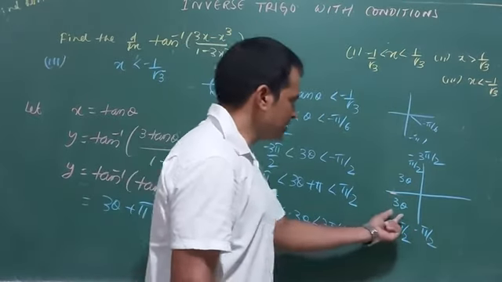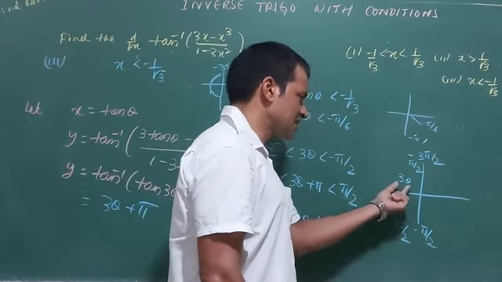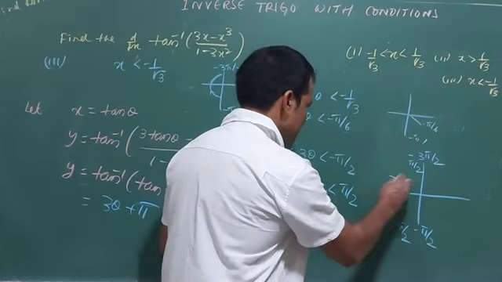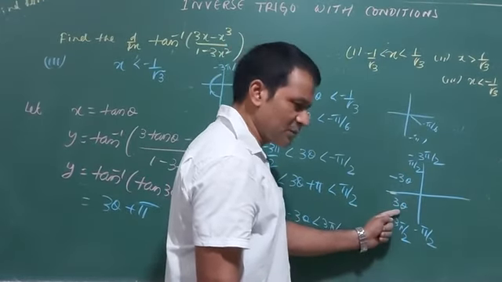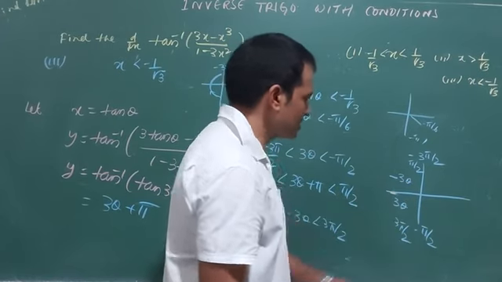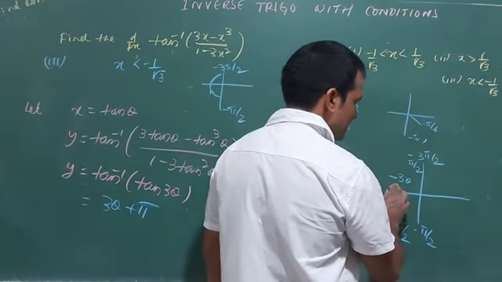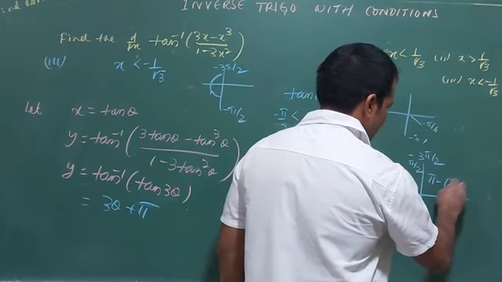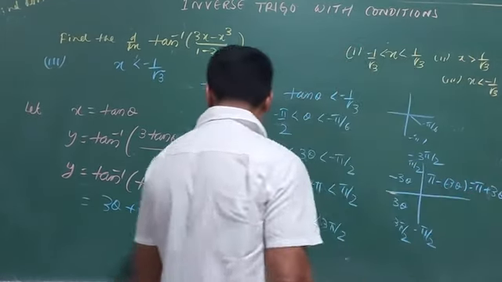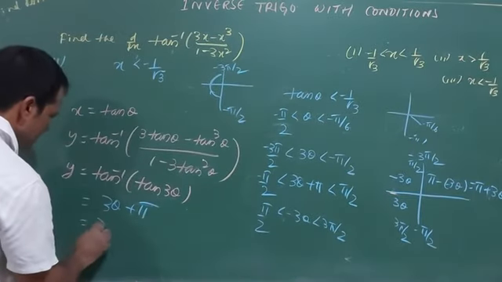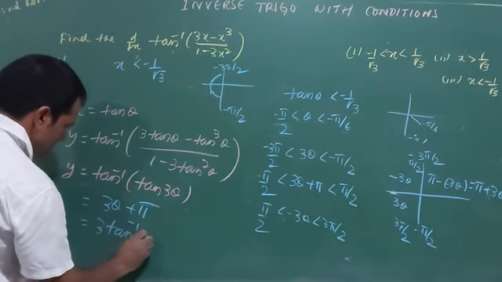Normally tan is positive here, though it has transferred here, this has become minus 3 theta. But as tan is positive here, I have to go to this quadrant, just transfer it here. How to transfer? Pi minus of minus 3 theta, that's why pi plus 3 theta. Write down this one as 3 tan inverse x plus pi.